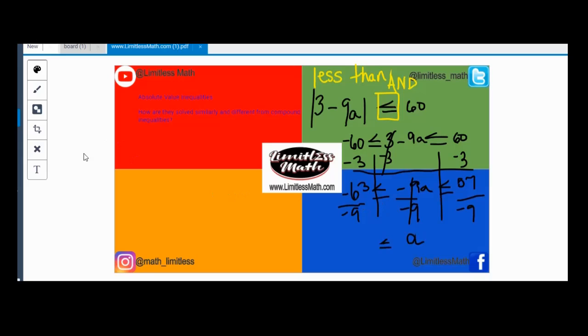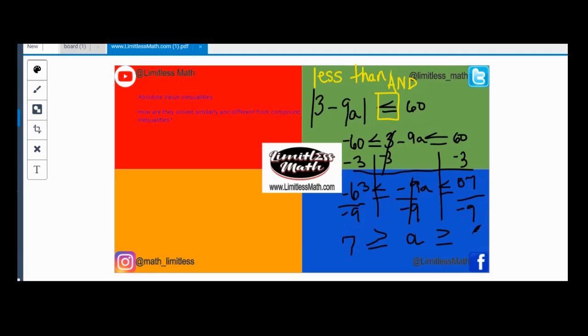Now, we have to be careful right here because we divided by a negative. Remember, anytime you divide by a negative number, you do have to change the direction of your inequality. So make sure you remember those rules. They still apply. Negative 63 divided by negative 9 would be positive 7. And over here, we have 57 over negative 9.